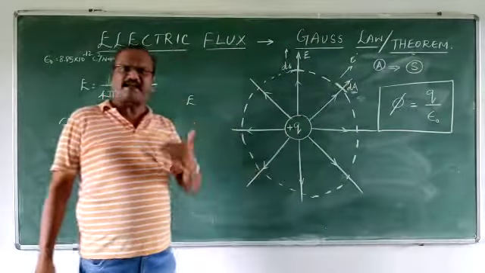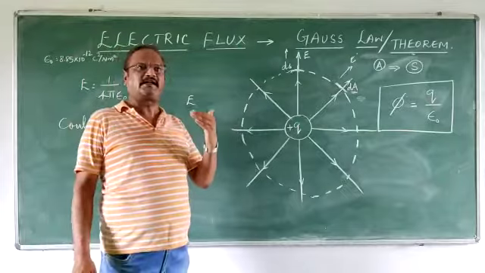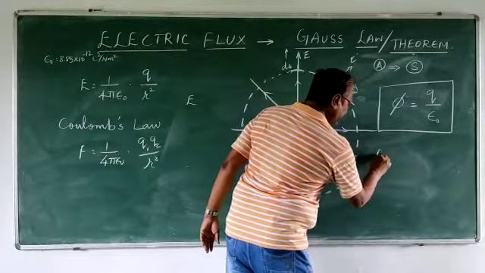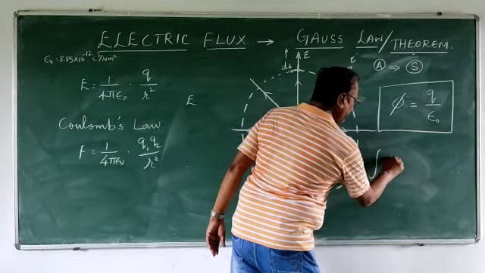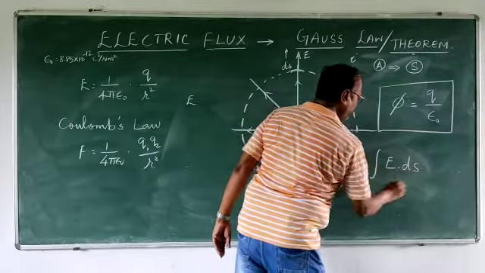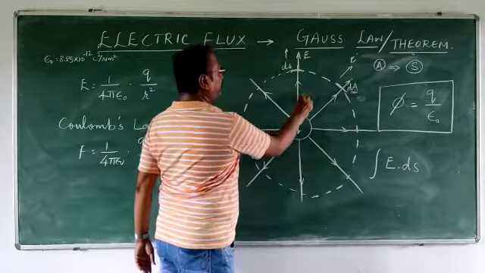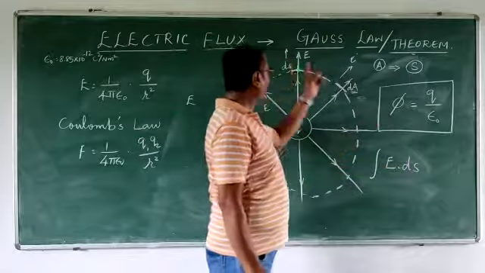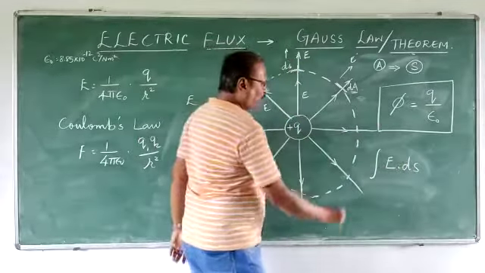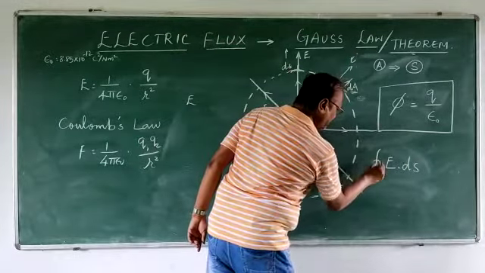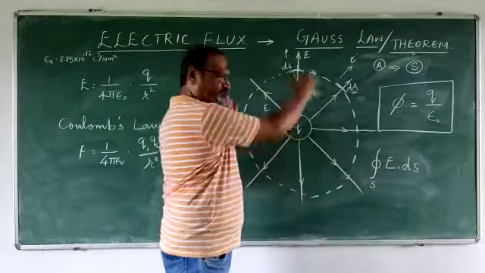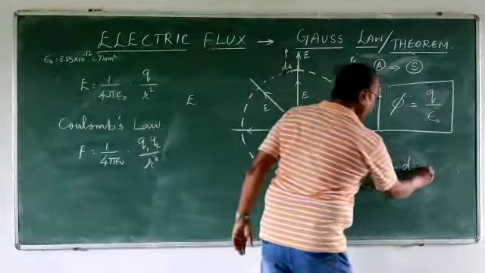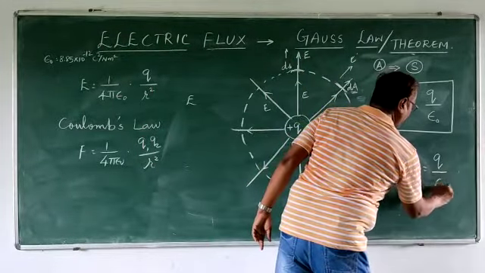If I put it in another form, in the calculus form, I can write the same formula as integral E dS. Here E is the electric field, everywhere the electric field is passing through, and dS is the small surface area. Over the total surface area in a closed surface, this is equal to Q upon epsilon naught.